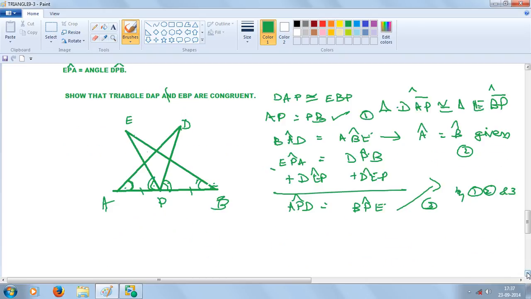So what is the rule we apply here? Angle side angle. By the ASA congruence rule, triangle DAP is congruent to triangle EBP.